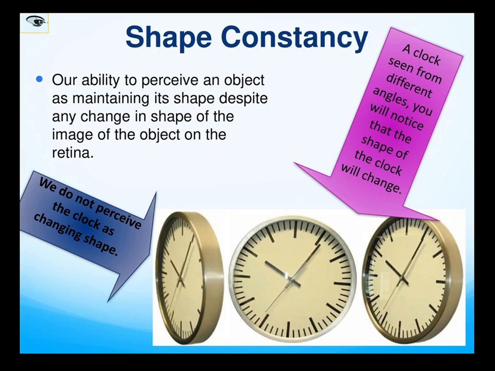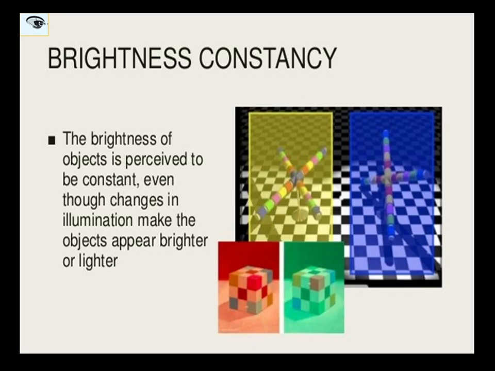So then we have the next one, which is brightness constancy. Brightness constancy is the ability to perceive the brightness of an object as constant. The brightness of the object will remain unchanged, even though there are changes in the illumination that can make the object appear brighter or lighter.